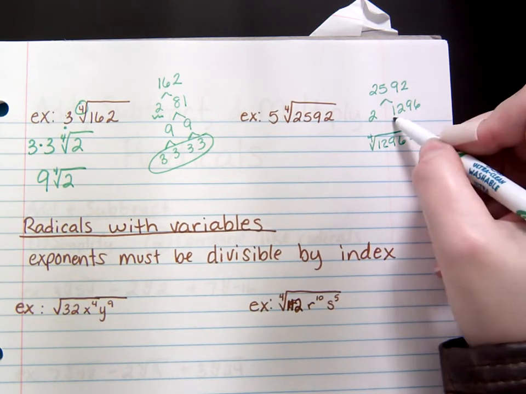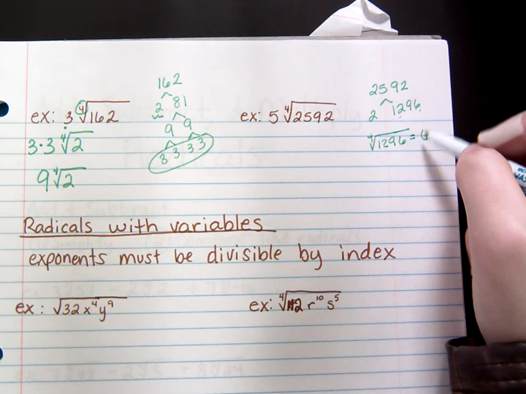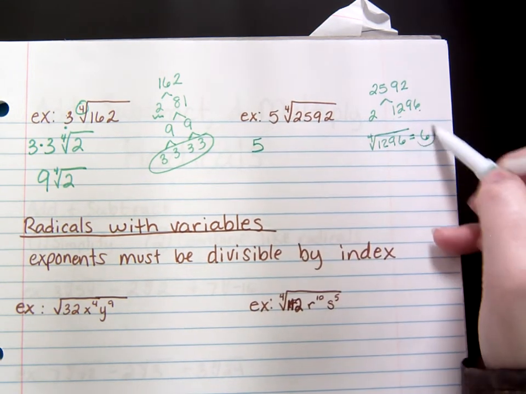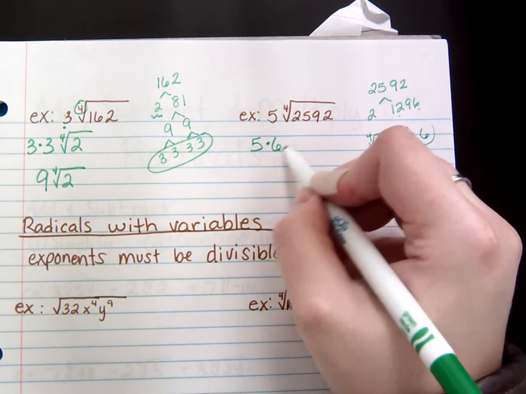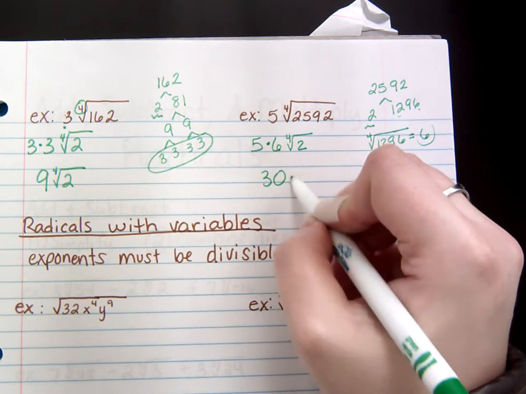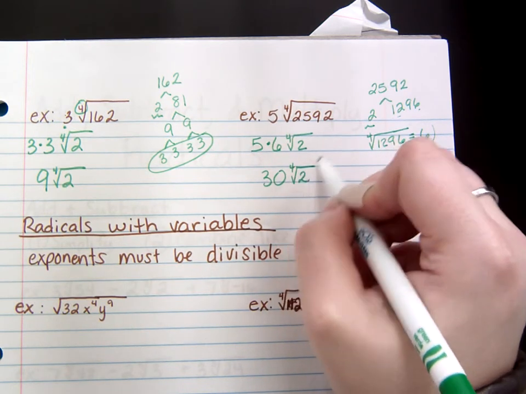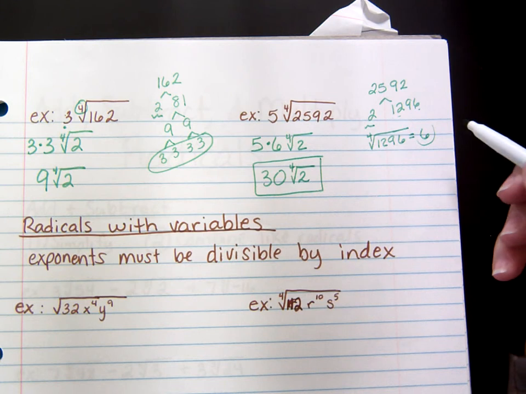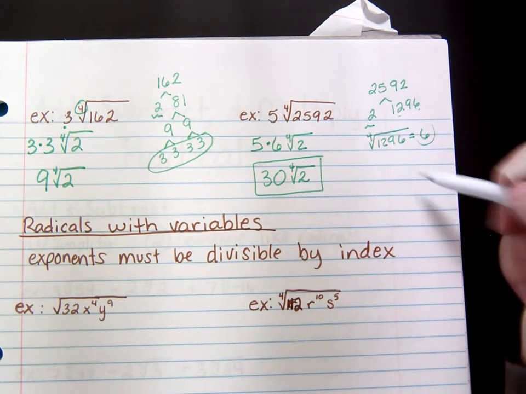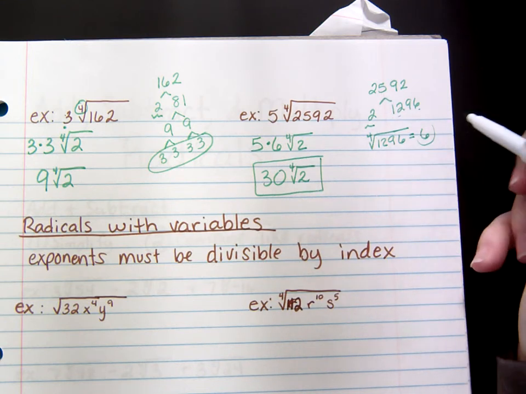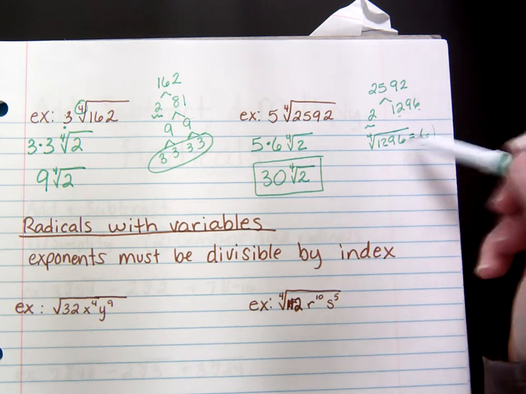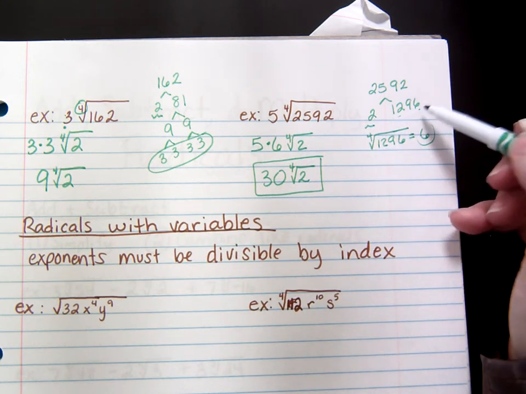So as long as I recognize some of my roots, I can take a shortcut here. This 5 times the 6 when I 4th root that, and then the 4th root of my leftover 2 gives me 30 4th root of 2. Now I could have continued breaking this down and then found all my primes, grouped them into groups of 4. I would have still ended up with a 6 out here. This was just a shortcut that I could recognize by knowing some of my smaller roots.